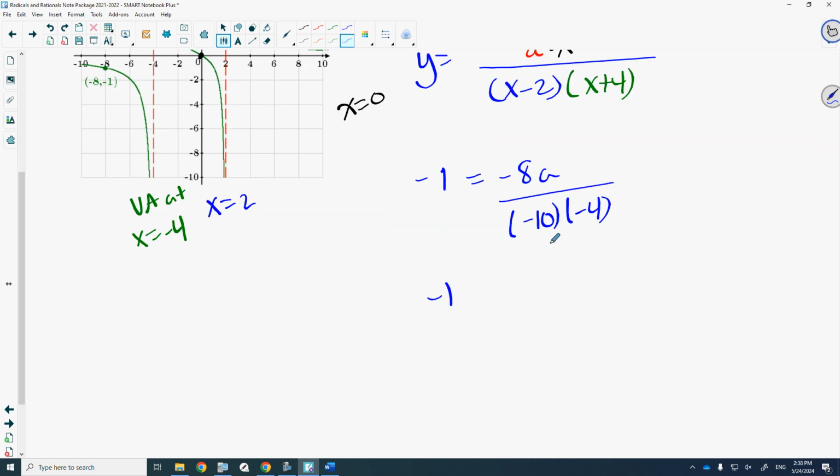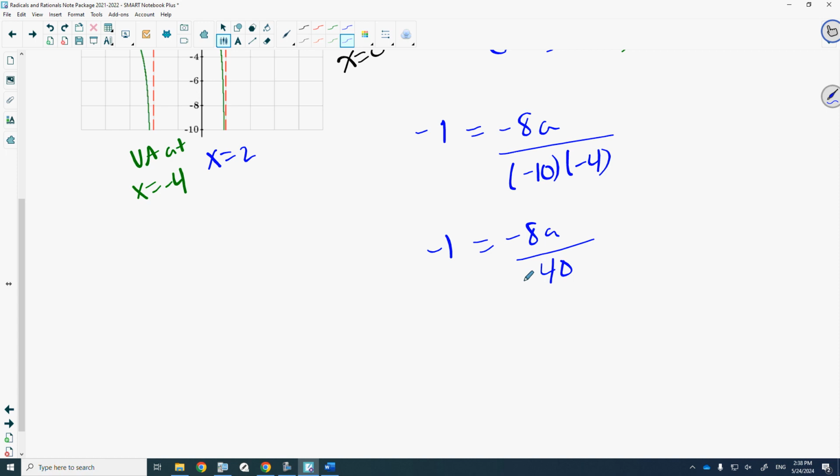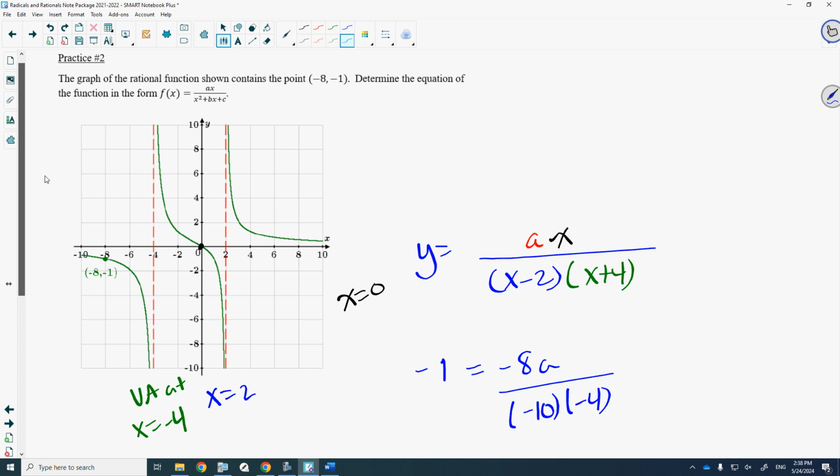That will give me negative 1. Multiply both sides by 40, and we will get negative 40 is equal to negative 8a. Divide both sides by negative 8, and we will get a is equal to 5. So I know my a value is 5.